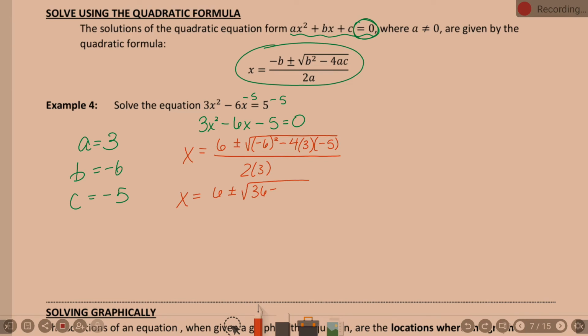So right there, my brain says it's a minus times a negative, so I'm going to be adding. My brain personally does 4 times 5 first, because that's 20, and then 20 times 3 is the 60. All over 6. So if I clean that up, 6 plus or minus the square root of 96 all over 6.